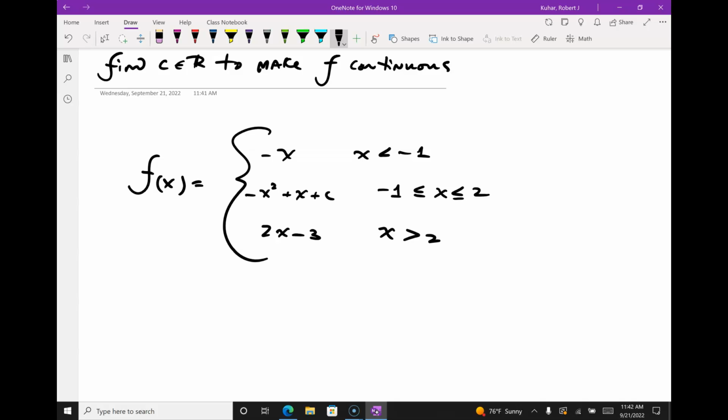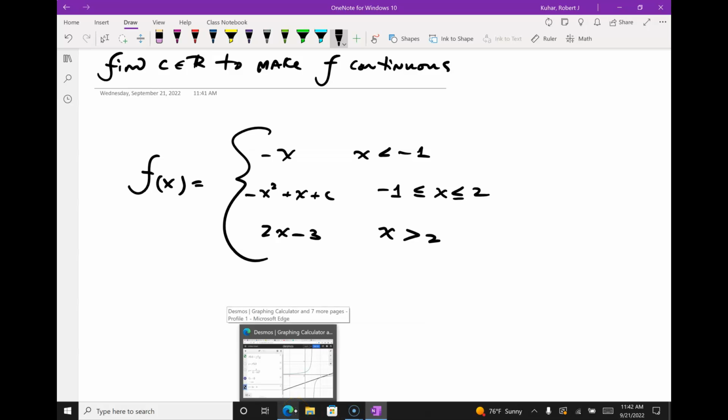So I like to go to Desmos first. Yes? We're ready? Now notice I have two pieces that have to connect at negative 1, and I have another two pieces that have to connect at 2, right?